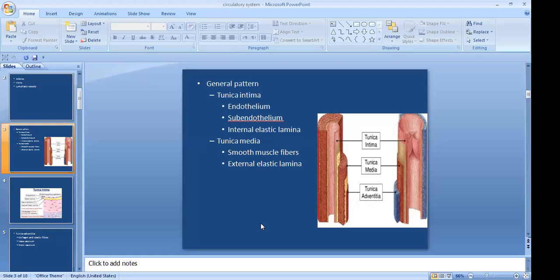So, what is endothelium? It is the simple squamous epithelium, and the loose connective tissue lies in the subendothelium, and internal elastic lamina is composed of elastic fibers.